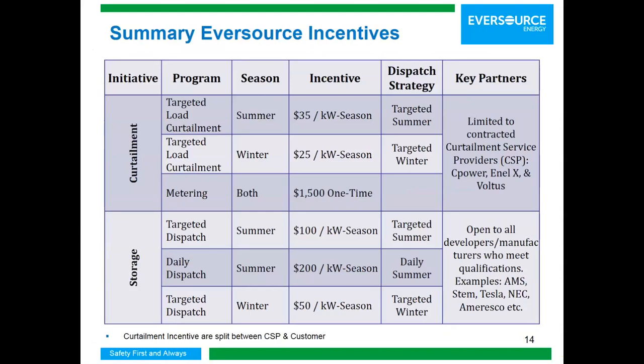And in the winter, instead of $25, we've kicked it up to $50 per kW specifically for storage technology assets. And we are also offering some metering assistance stipend, $1,500 in order to install the required metering for this program because we are requesting real-time telemetry. So we are offering a stipend for metering as well.